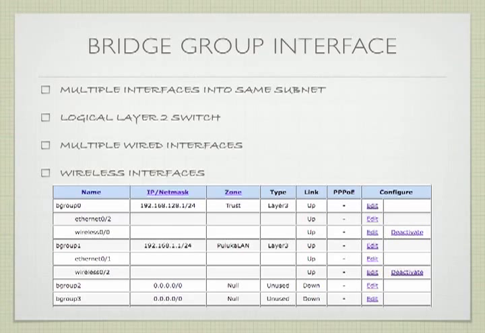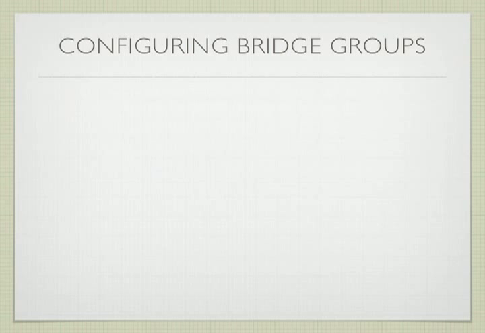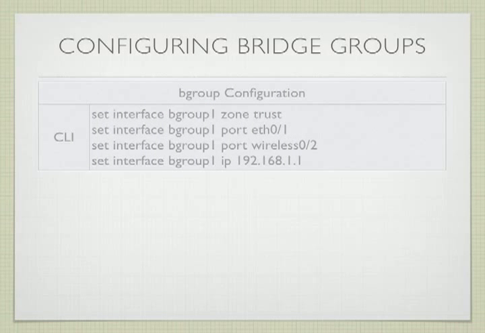These can be handy for bridging across multiple external switches or other devices and placing them all together in the device. It puts this mini switch inside your ScreenOS device. So to configure a bridge group, we would use these commands. You'll notice that this is the number 1 that's after the B group there.